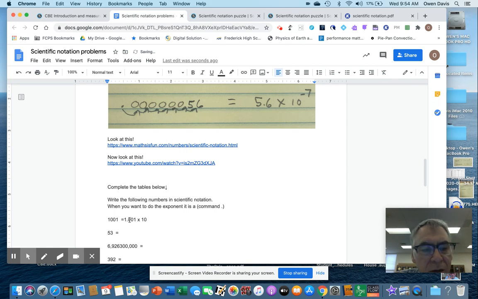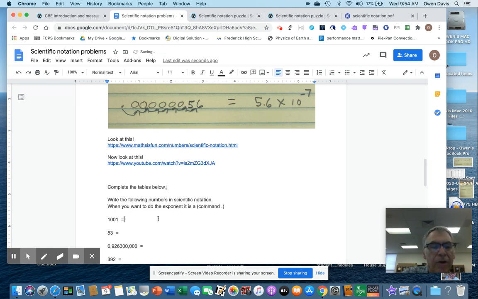On my computer, which is an iMac, I can hit Command period, and it'll give me a teeny little number, and that would be 3, because I moved the decimal place 3 places. If you hit Command period again, then you can write another normal number. All right, that's basically it.